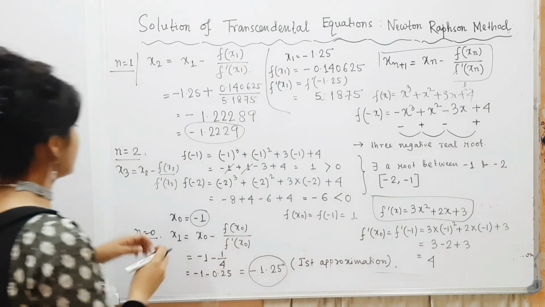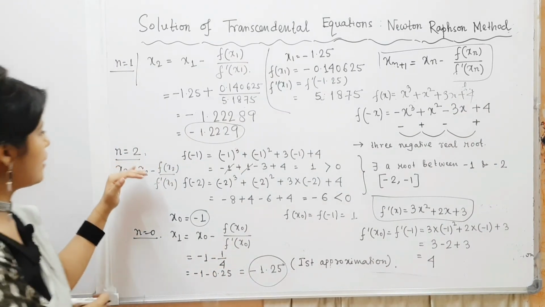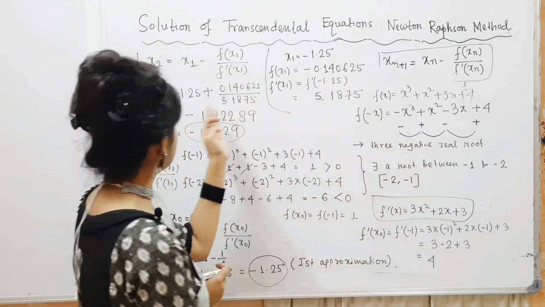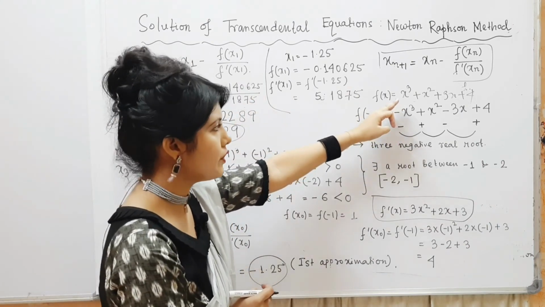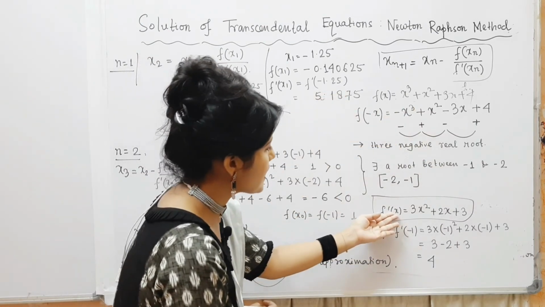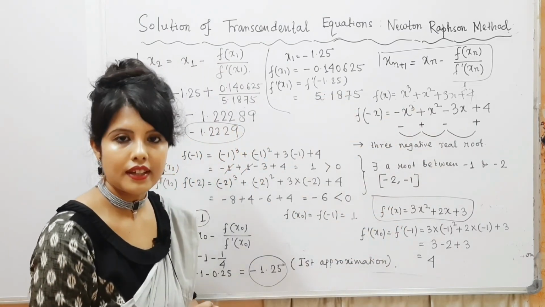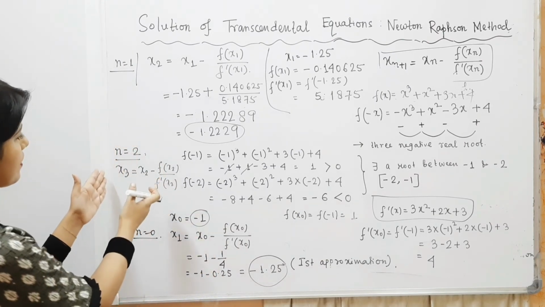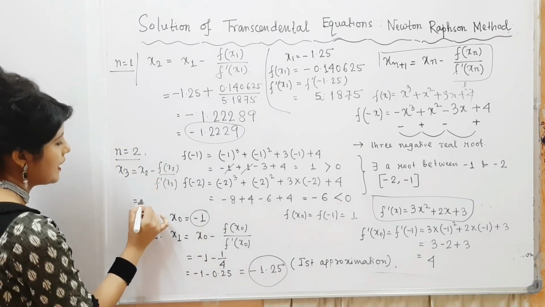If you substitute the value of x2 in f of x, you will get f of x2. Similarly, from this expression you will get f dash x2. Okay. So all these values you can substitute here and you will get x3.